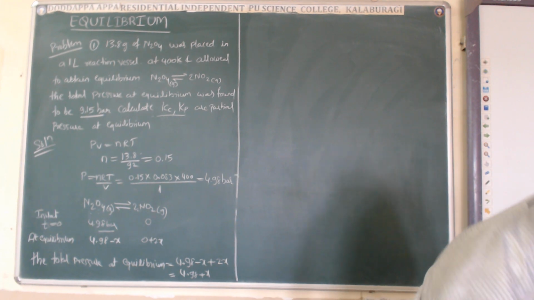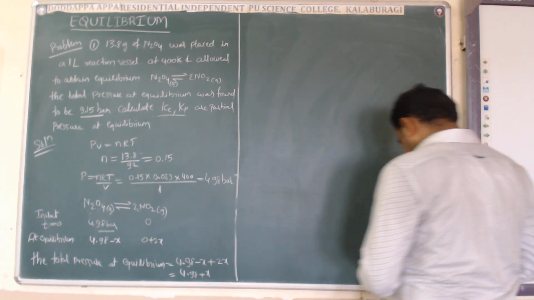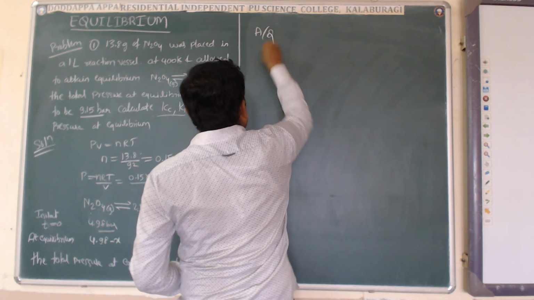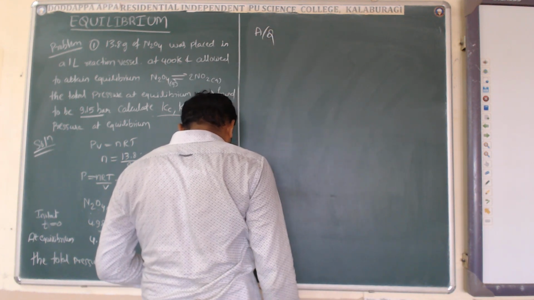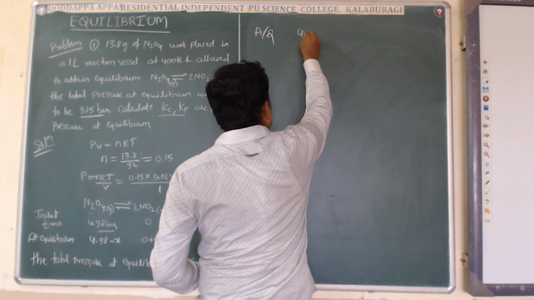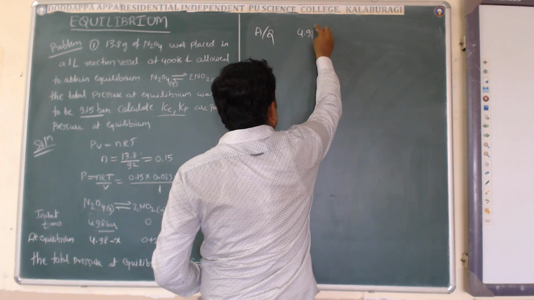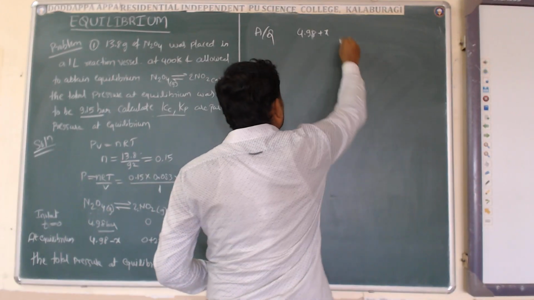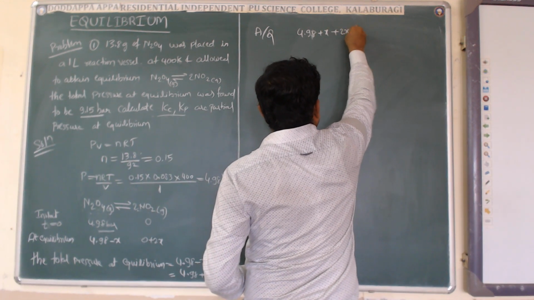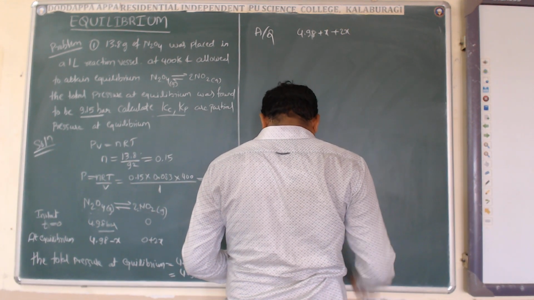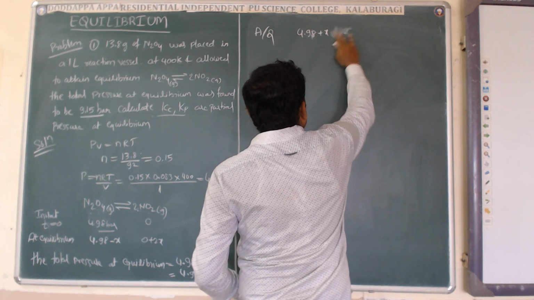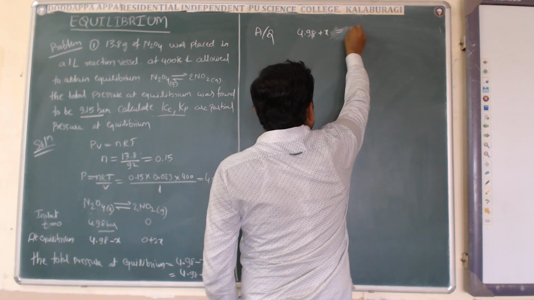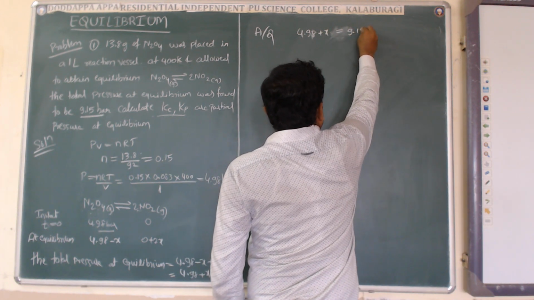Next one, you see. So here, what are they asking about? According to the questions, when you are seeing the questions, what happened here? 4.98 plus x is equal to what? 9.15.